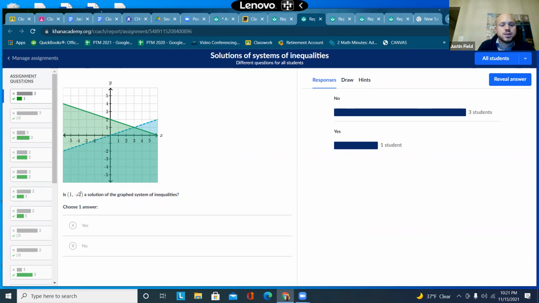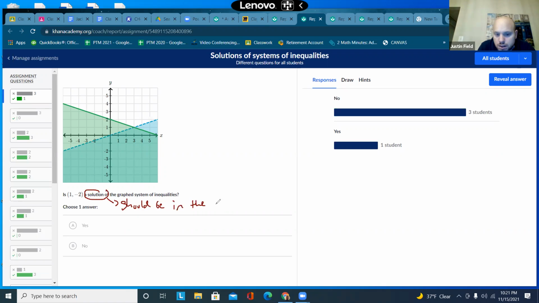So you can just graph. A solution should be in the doubly shaded region. It's not a word we say a lot.